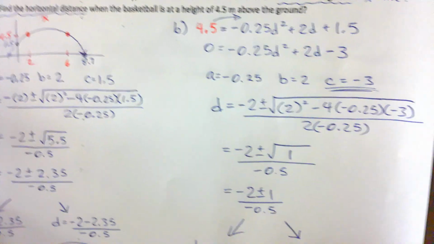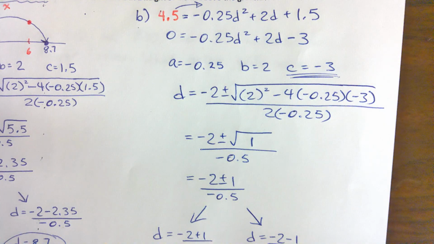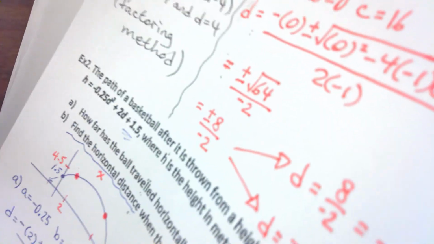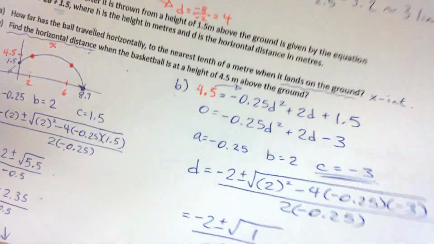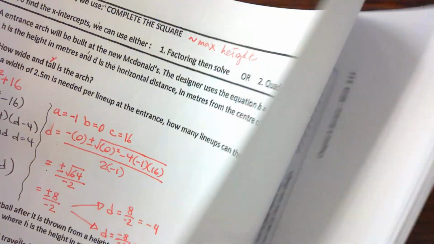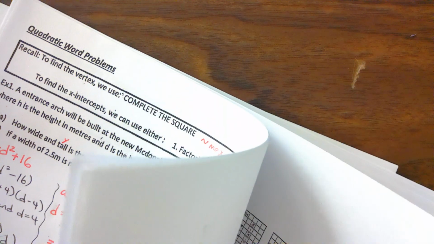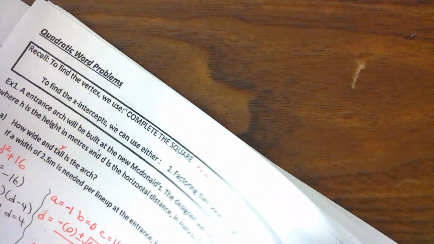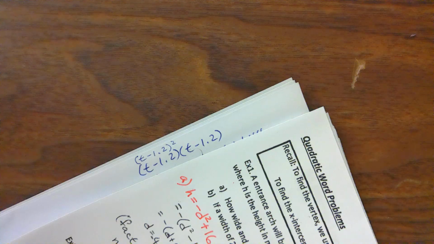Okay, so for homework tonight, just to get you started on word problems, page 290. Remember, answers are given on the back, so make sure you check it. This pile is a little messed up with the page numbering.